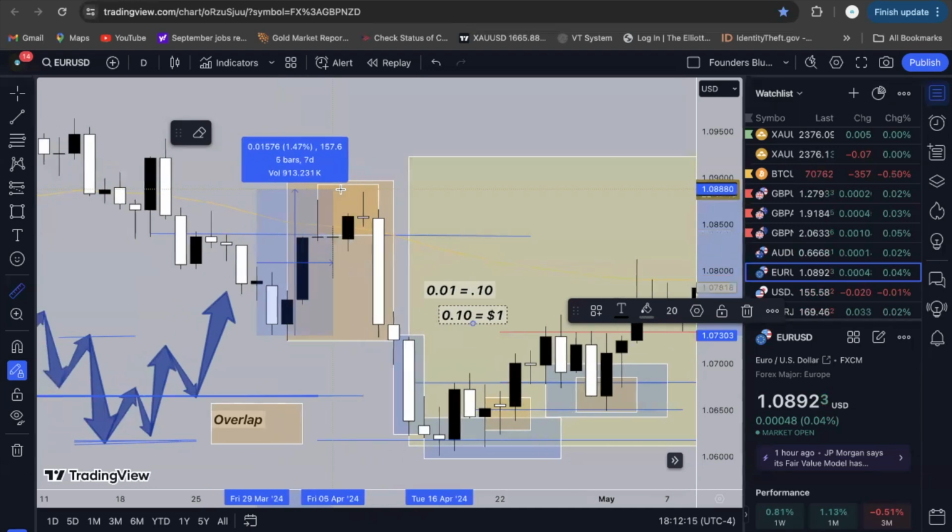Let me give y'all another example. This is the last one. Even though we went past the ceiling, you're gaining more. So the further that price goes up, the more money you're making if you are buying.